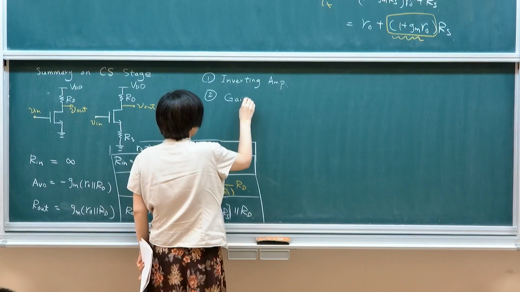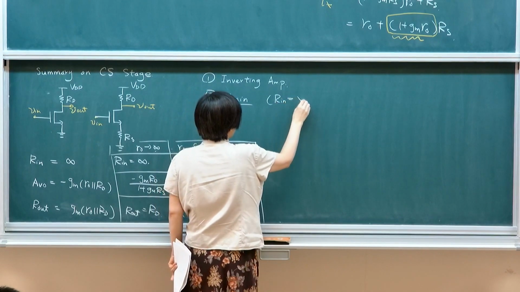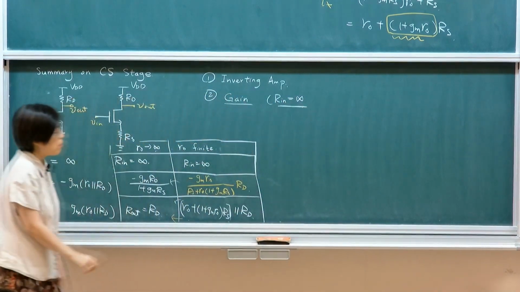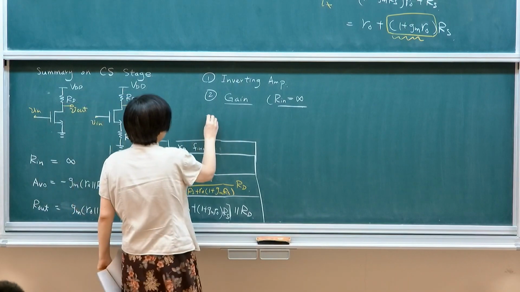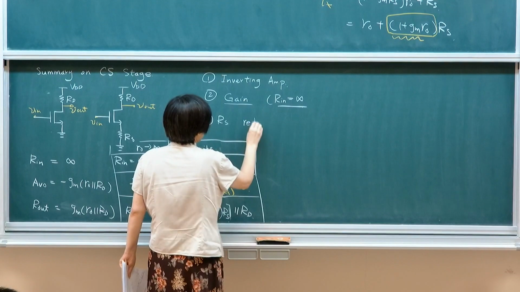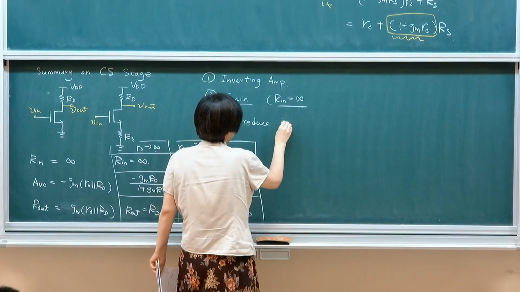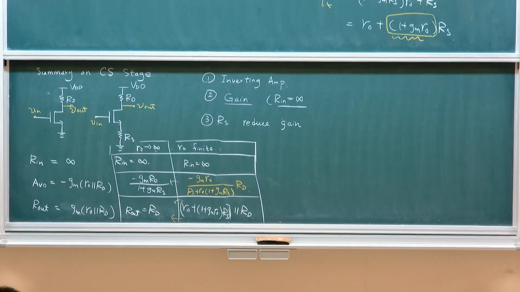It provides a good gain because it's a very good voltage amplifier, with infinite input resistance and relatively good gain that is easy to control. And the adding of RS will reduce the overall voltage gain, or you can consider it as a reduction of transconductance. Okay? Good?